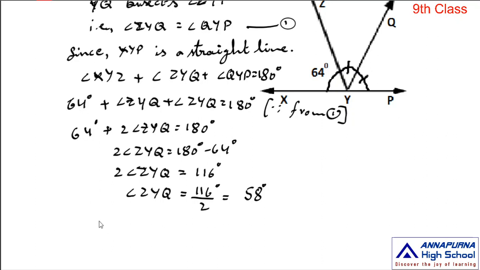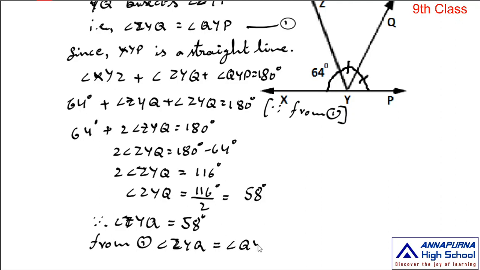Therefore angle ZYQ is equal to 58 degrees. From equation 1, angle ZYQ is equal to angle QYP is equal to 58 degrees.